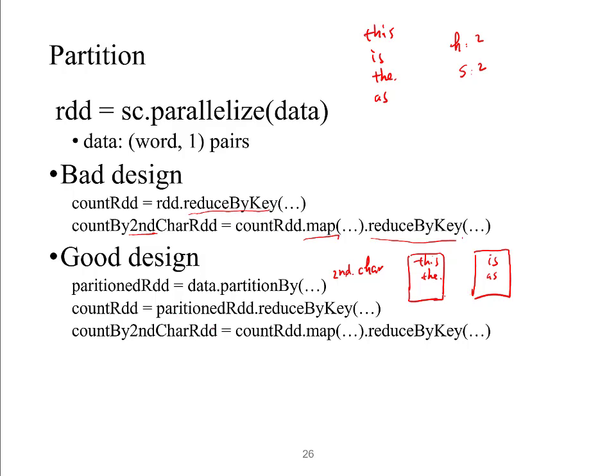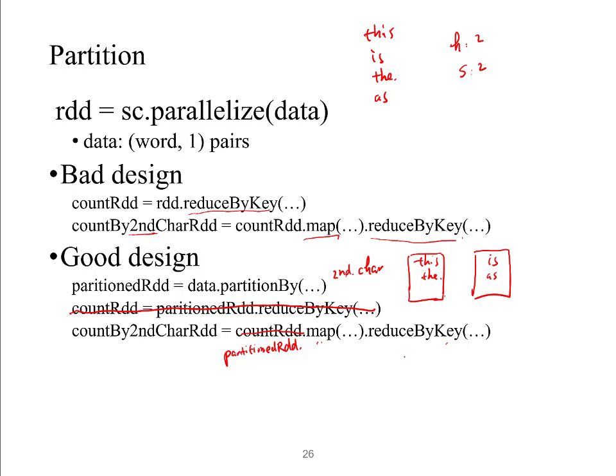Then we do the map and the reduce by key. By the way, this is not the best design here, because we actually do not need to use two reduce by keys. We could use one map and one reduce by key on the partitioned RDD.